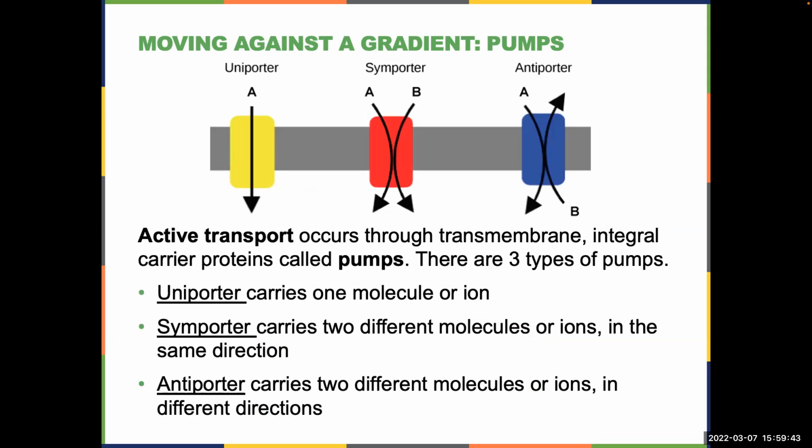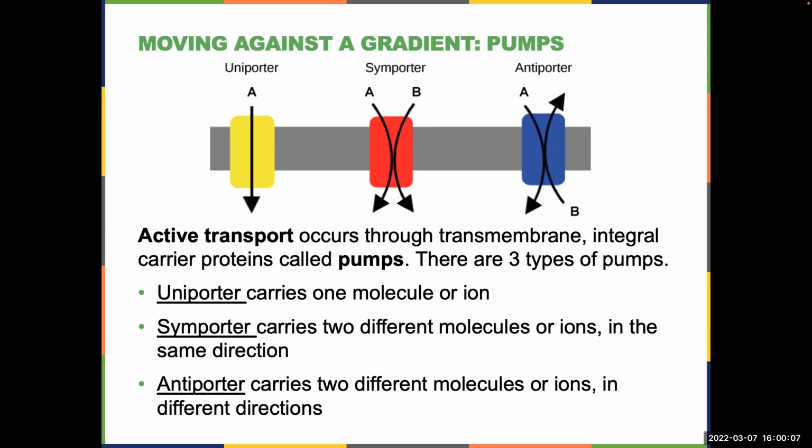Okay, so continuing with active transport, this is using a pump to force a solute against the concentration gradient. You could have one particle being transported, and this is a simple uniporter for one molecule or ion.